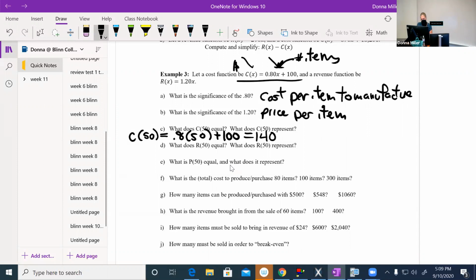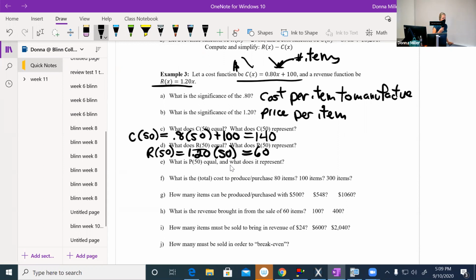All right. So what is R of 50 equal? So I'm going to plug that into R. So here's R, right? I'm going to set X equal to 50. So if I do that, what do I get? 60. So what does it represent? It's not profit, but it's how much money I bring in, right?